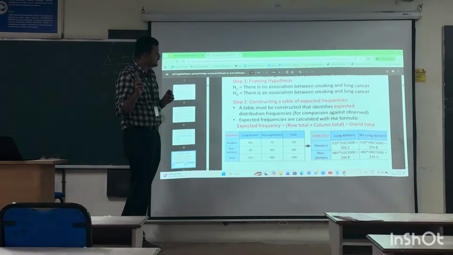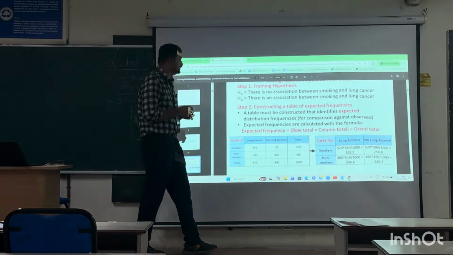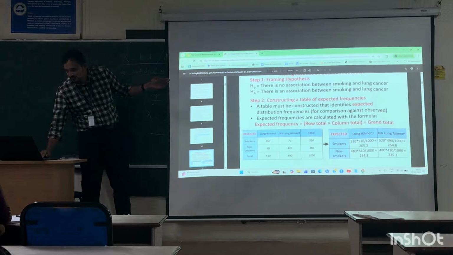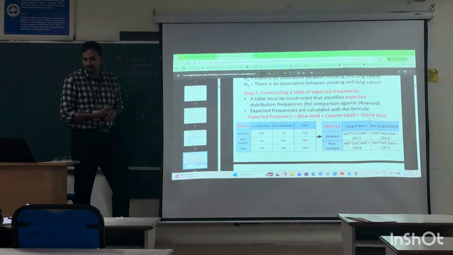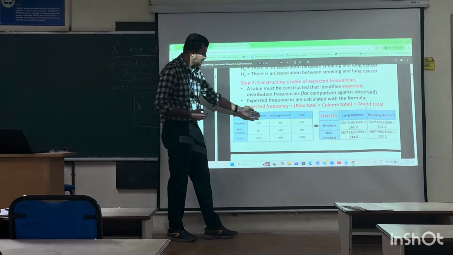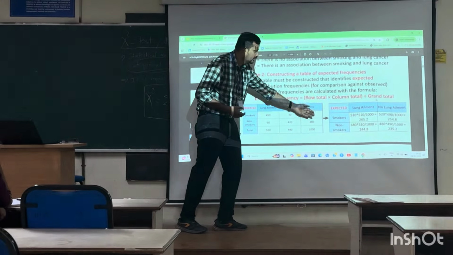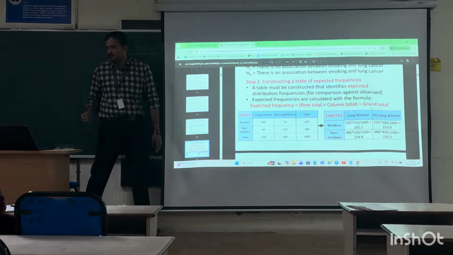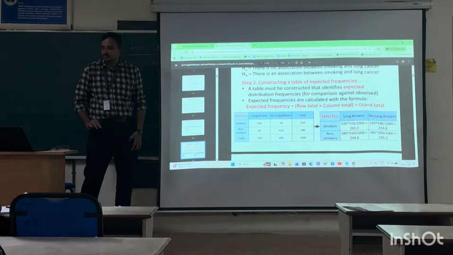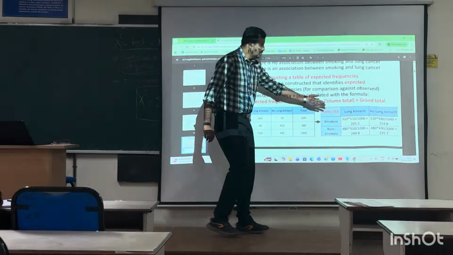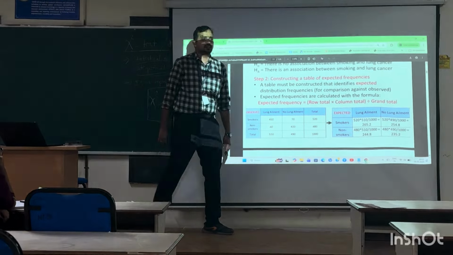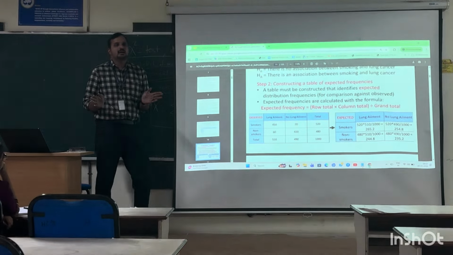Constructing a table of expected frequencies. You have to make a table to match with the expected. You can make an observed table with smokers, non-smokers, lung ailment, non-lung ailment, total. Now you can go for the formula and you will find the value.